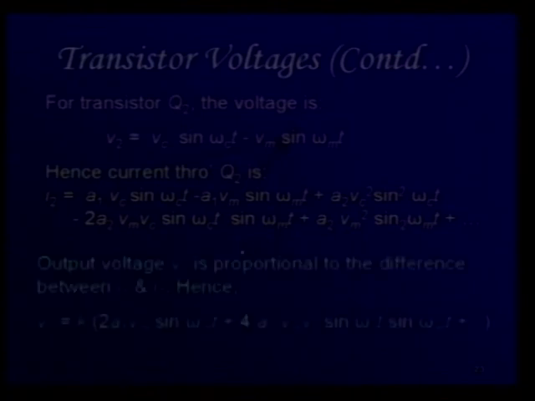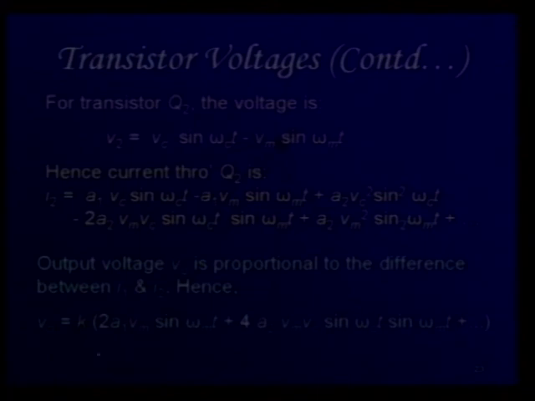So now if I take the difference at the output, what I am going to get is the difference between I1 and I2. The output voltage will be proportional to the difference between I1 and I2. So my output will be some proportionality constant K into 2 A1 Vm sin omega Mt, because this part was positive A1 Vm sin omega Mt in case of I1, and here it is minus.